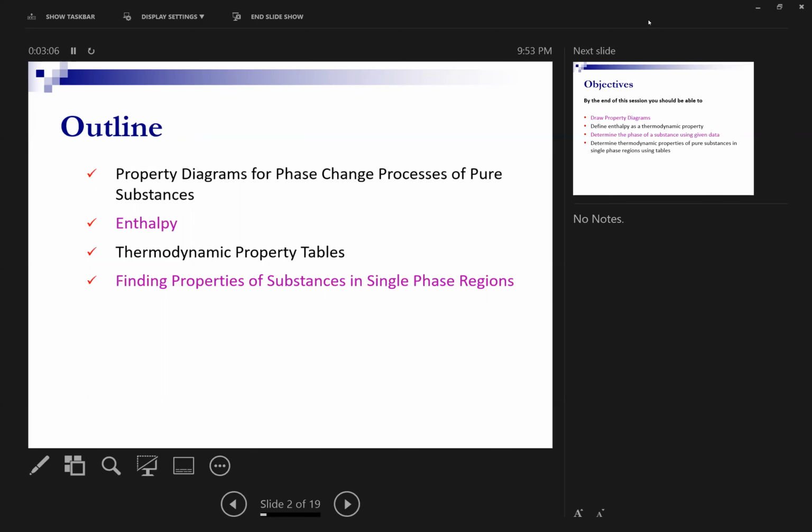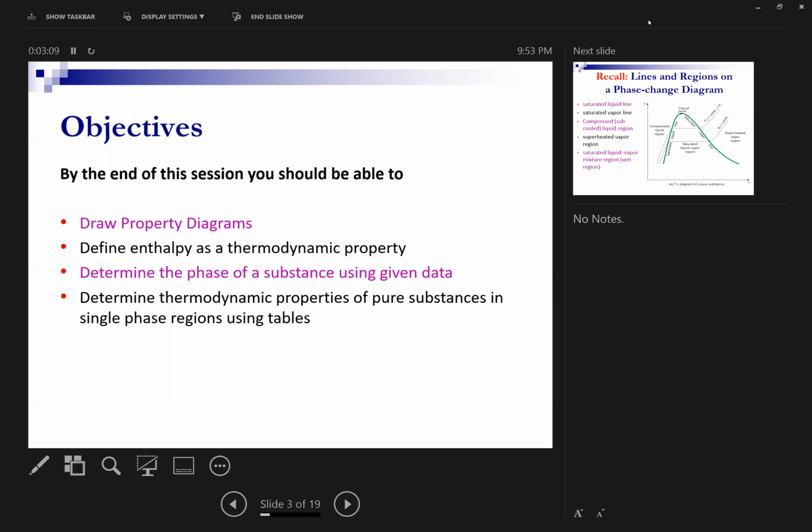All right. So by the end of today, you will be able to draw property diagrams, and this is very important because to analyze thermodynamic cycles, especially, and also to do a good analysis on thermodynamic processes, you need to be able to draw a good schematic of that process, usually with respect to the saturated dome.